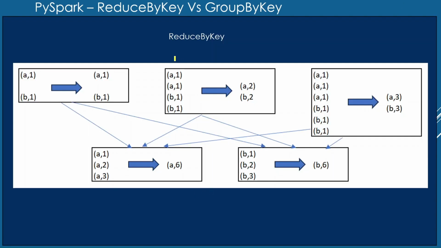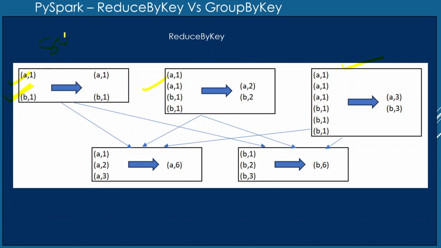Let me explain reduceByKey with the help of this pictorial representation. Consider this is one partition which is sitting in one executor. This is another partition sitting in another executor, and this partition is sitting on another executor. So here there are two data items, right?